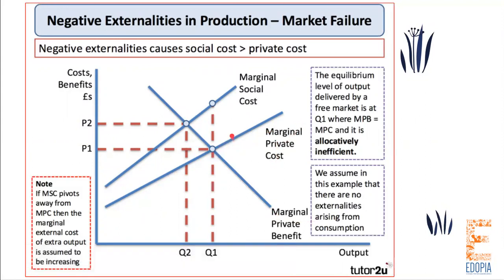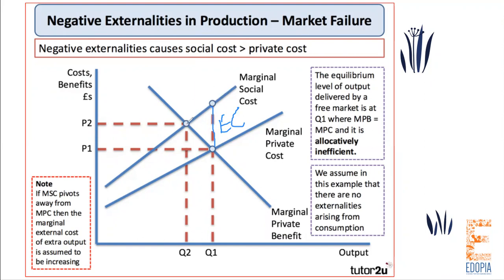Now we see here that the marginal private cost does not equal marginal social cost. So this area becomes the external cost, and we are not considering the external cost. Therefore, we are overproducing or overconsuming that particular product. So external cost is not being included. If the external cost has been included, then this is going to be the new point, and the curve is going to be somewhere here.